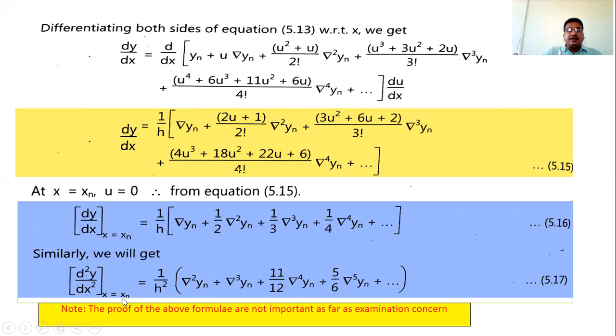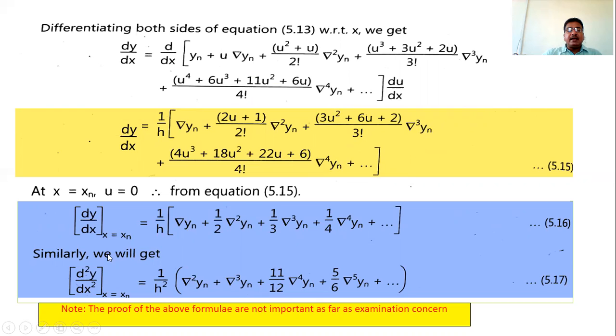Similarly, for the second order derivative at the point, if we differentiate this equation again, we have the general second order derivative, d square y by dx square, is 1 by h square, and then del square yn, and we have here terms in u, plus 6 by 3 factorial del cube yn and so on.